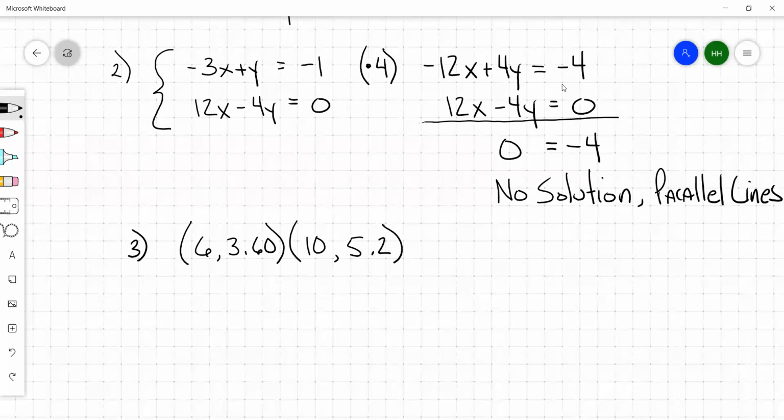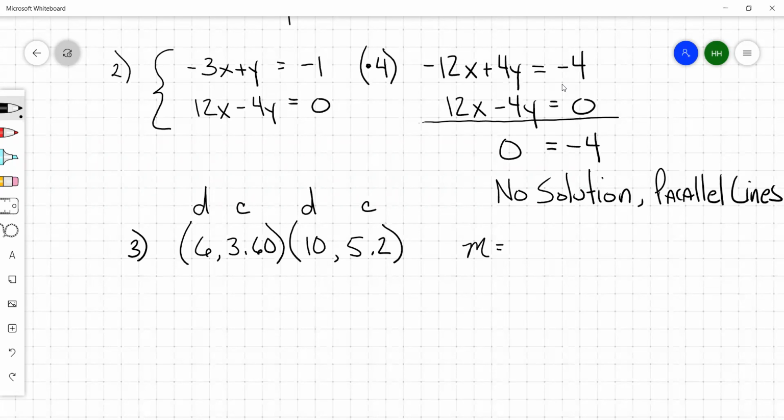Find a linear equation that models a relationship between the cost and the distance. This is your distance, and this is your cost. So the first thing we're going to do here, we've got 2 points. We're going to find the slope.